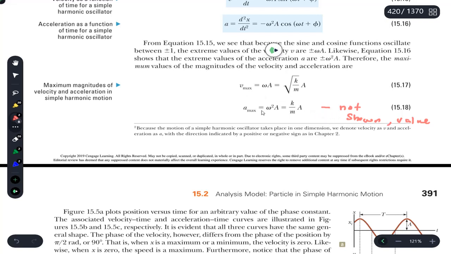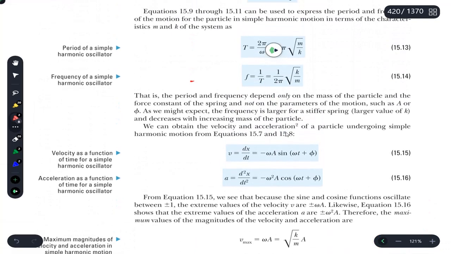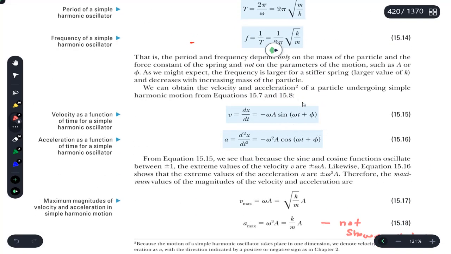On the other hand, we find that v max is given in such an odd expression. Let's visit this expression. You have earlier another expression where displacement is written as A cos(omega t plus phi), where phi is the symbol for the phase constant.